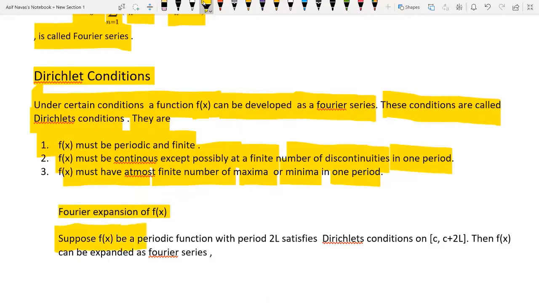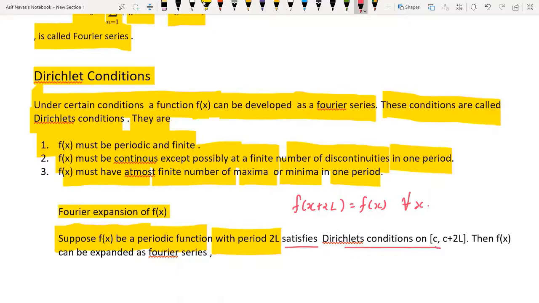Suppose f(x) is a periodic function with period 2l. That means f(x + 2l) must be equal to f(x) for all x. And it satisfies the Dirichlet conditions on the interval c to c + 2l.